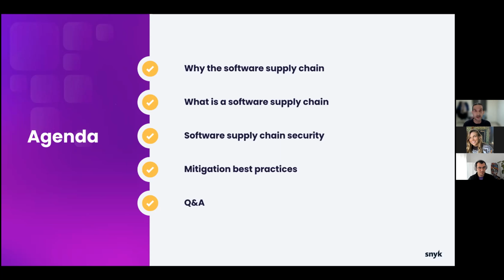And we'll try and figure out why they're not only increasing in number, but also becoming more and more complicated. We'll then try and get a bit more practical. We'll take a look at some best practices and steps that we can actually take in order to mitigate this risk. We'll wrap things up with a Q&A session at the end.